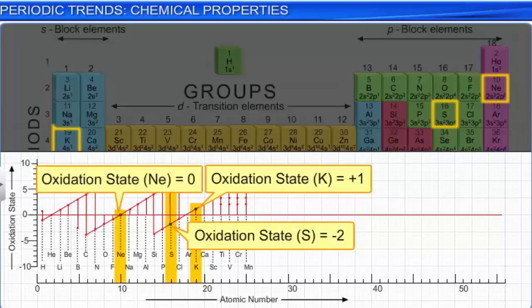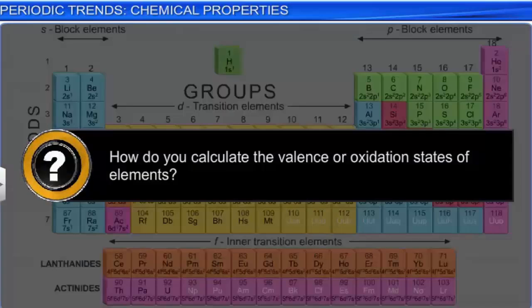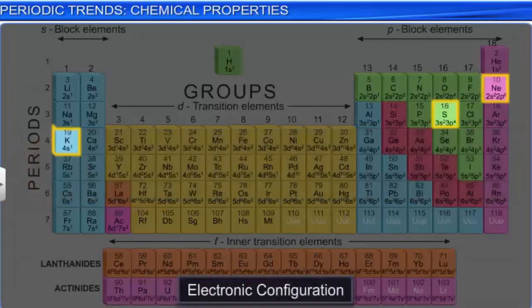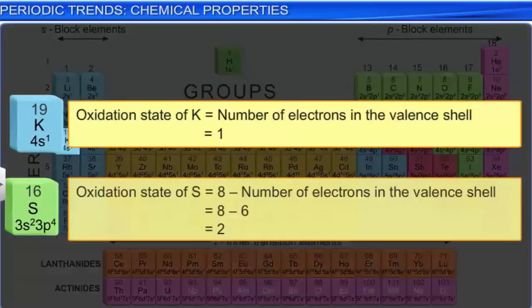How do you calculate the valence or oxidation states of elements? They can be deduced from the outer electronic configurations of elements. For representative elements, it is usually equal to the number of electrons in the outermost shell, and or 8 minus the number of outermost electrons.